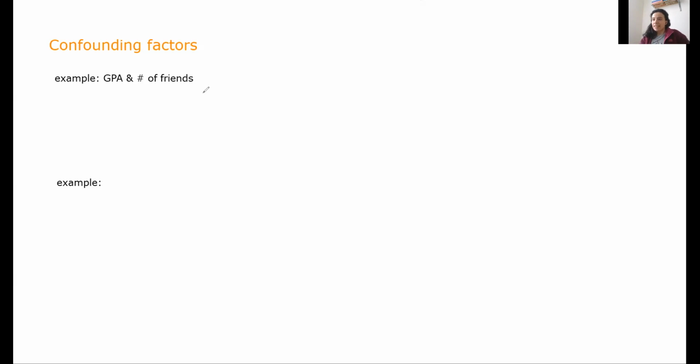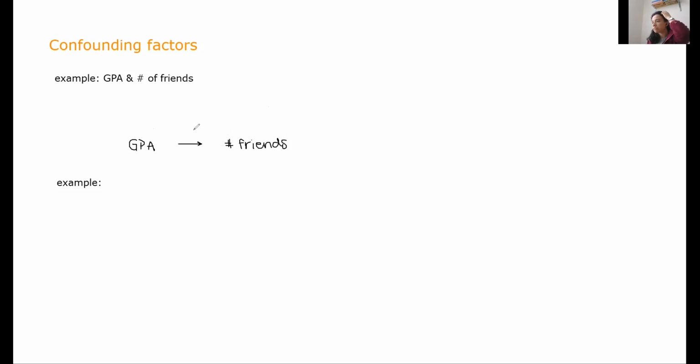Okay, so we said last time that there was GPA. The GPA seemed to be associated with number of friends. Right? And one of the things that we said is, okay, well, there's not necessarily a direct link that says, maybe if I have a high GPA, I'm going to have more friends.